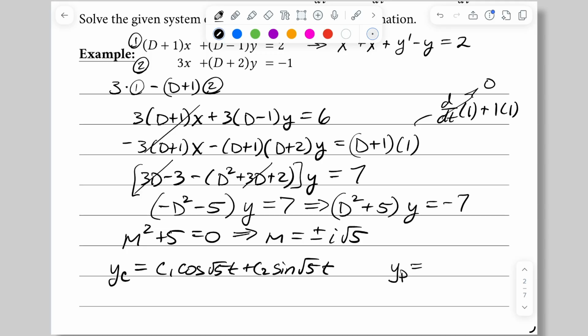That's a constant, so y_p has the form A. Its second derivative is equal to 0.